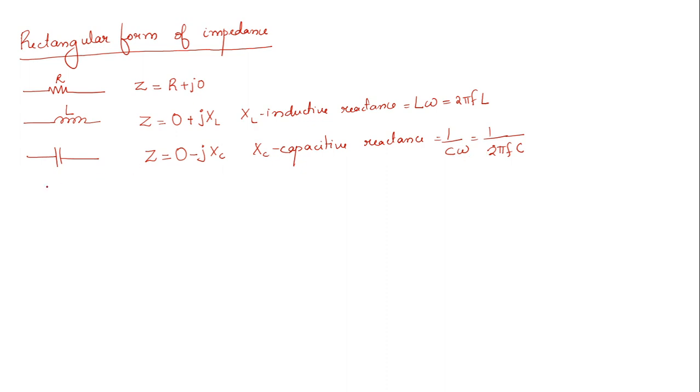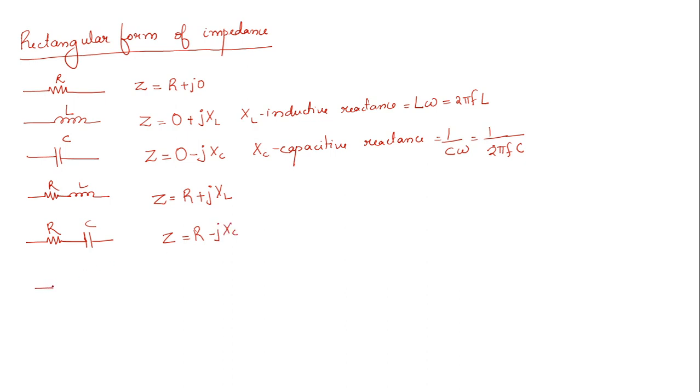Now, next we are going to combinations of any two, like R and L. If we are having R and L, then we write the impedance value as R plus jXL. If we have R and capacitor together, then we write the impedance as R minus jXC.